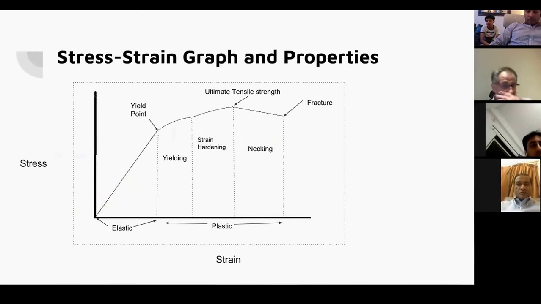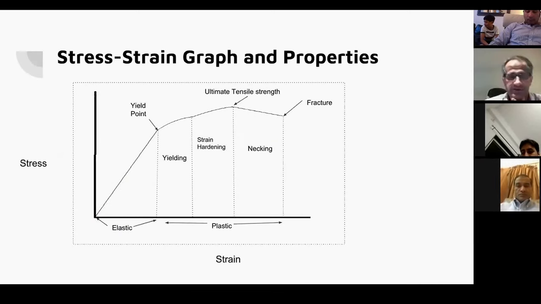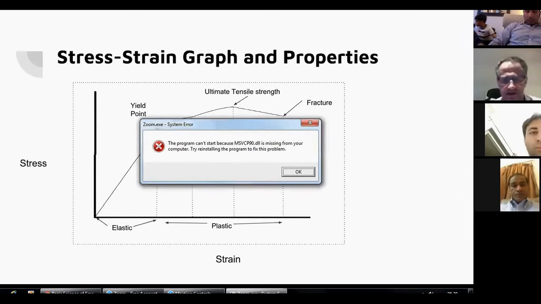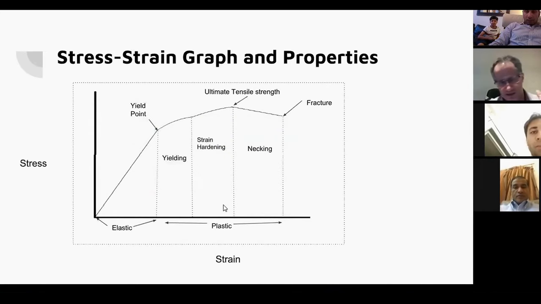Okay, now we said we'd talk about a few of the properties of a stress-strain graph and what they mean. So the elastic property is the area where Young's modulus exists. It's the straight line, essentially, where you get an equal relationship between stress and strain, and that's this point here.